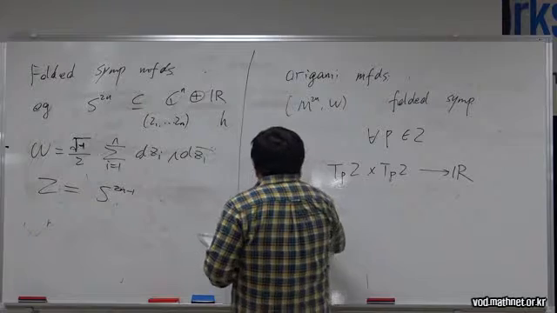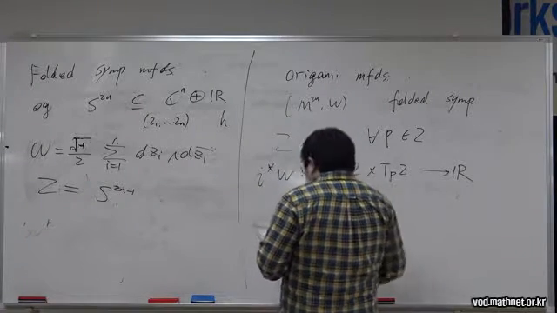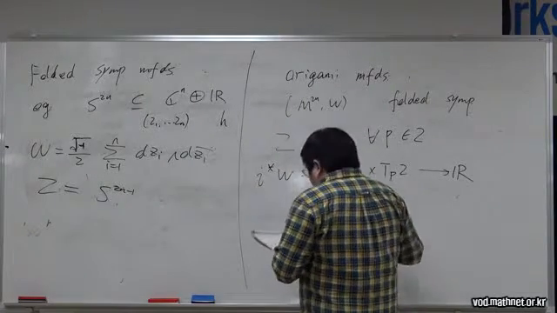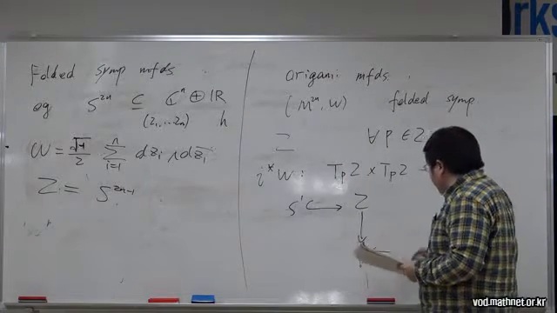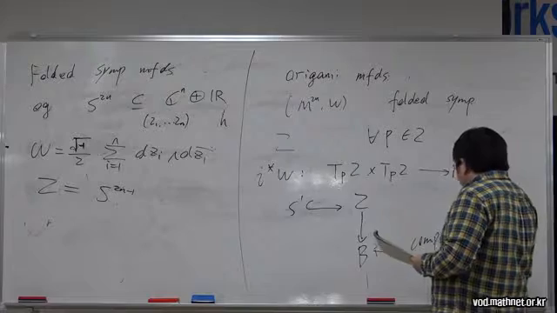So now we require Z has a principal circle bundle structure, and this base B we require is compact.